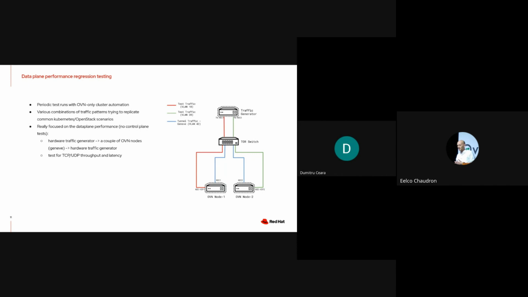We combine various traffic patterns, trying to replicate common Kubernetes and OpenStack scenarios. And we're really focused on the data plane performance. We don't run any control plane scale tests. We also use a hardware traffic generator outside of the system under test, and that's to remove the noise of traffic generation from the results.